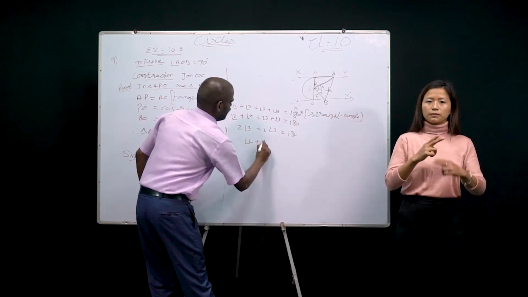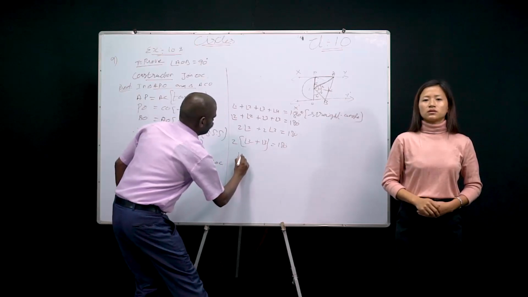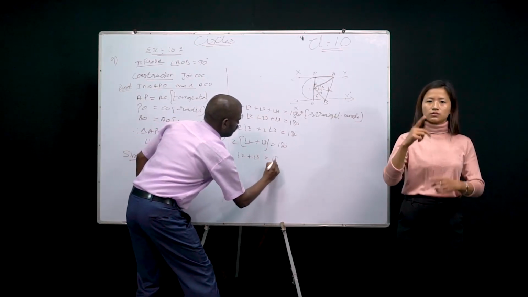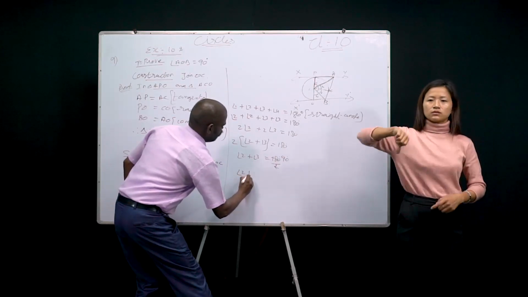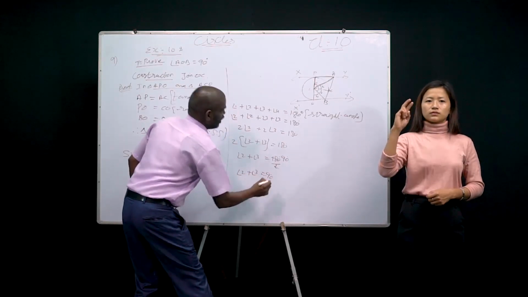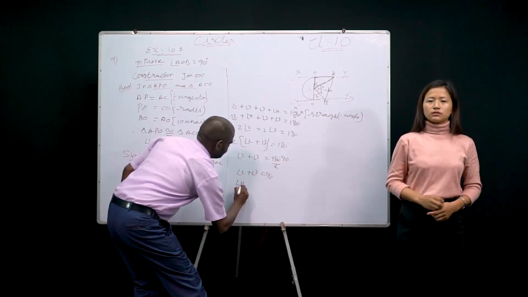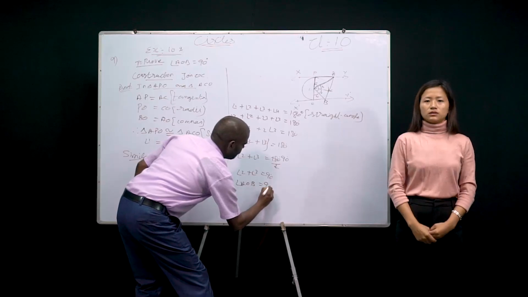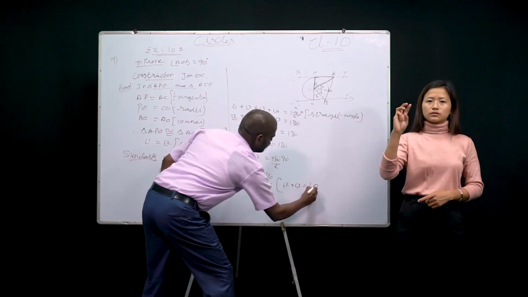Angle 2 plus angle 3, you take 2 common, equals 180 degrees. So angle 2 plus angle 3 equals 180 divided by 2, which is 90 degrees. What is angle 2 plus 3? That is angle AOB, right?